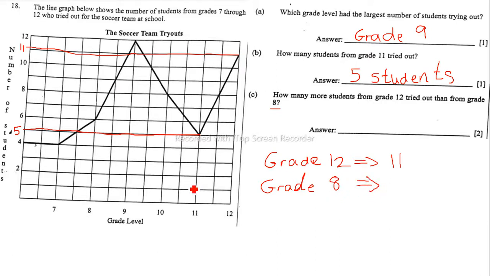So grade 8 is going to be this, which is 6. And if you want to figure how many more students from grade 12 tried out than from grade 8, we're going to say 11 minus 6.